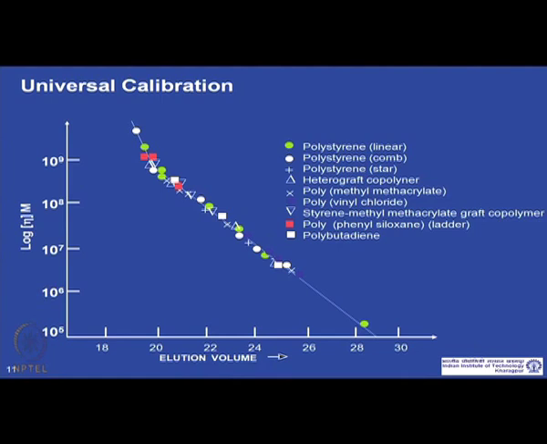As long as we know the intrinsic viscosity of the polymer sample and the elution volume of the sample, using this universal calibration curve we can get the molecular weight, which is fairly accurate.